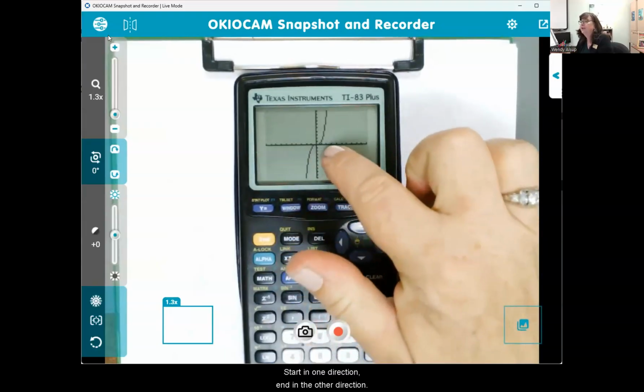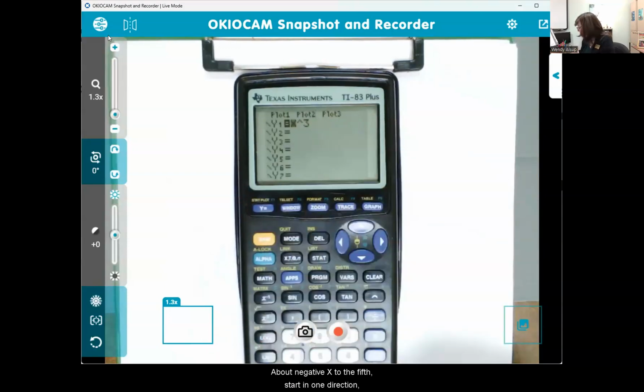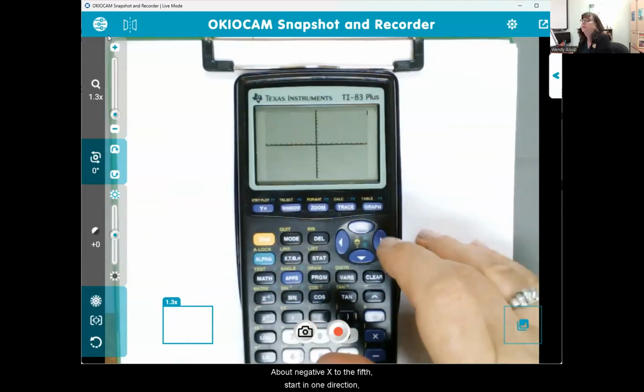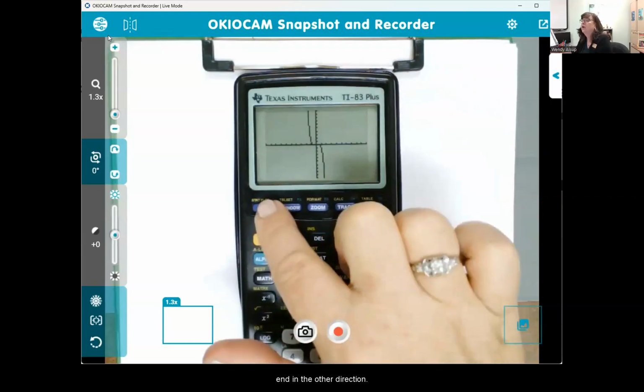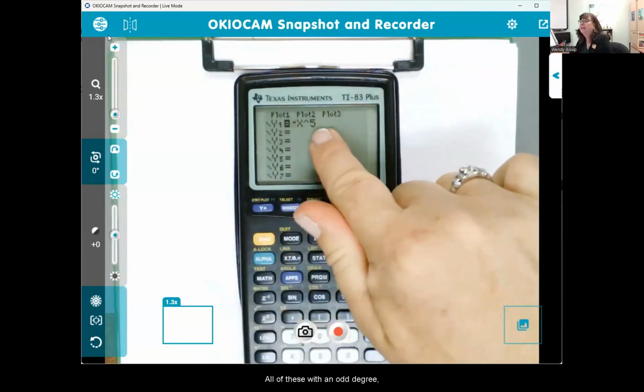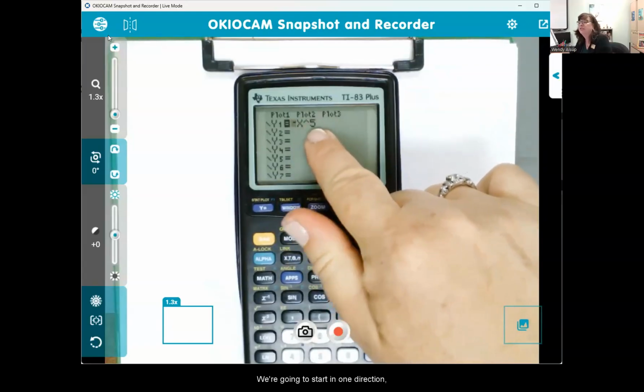Start in one direction, end in the other direction. How about negative x to the 5th? Start in one direction, end in the other direction. All of these with an odd degree, an odd highest exponent, we're going to start in one direction and end in the other.